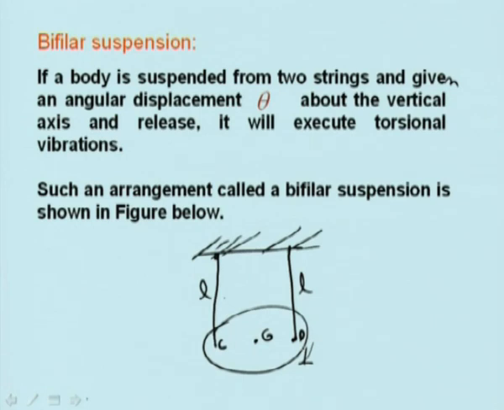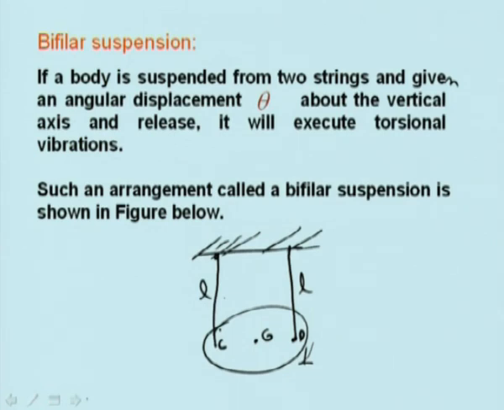Why? Because the strings which are vertical will also be twisted by the same amount and become inclined. These inclined strings will provide a vertical as well as a horizontal component.